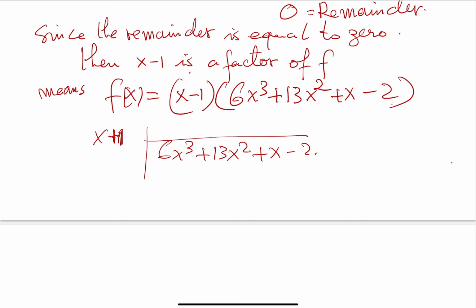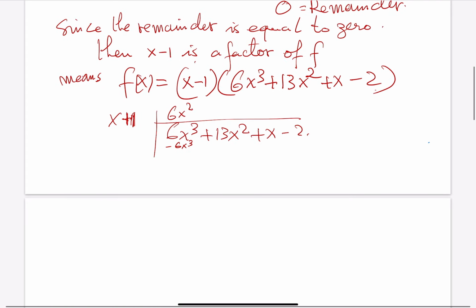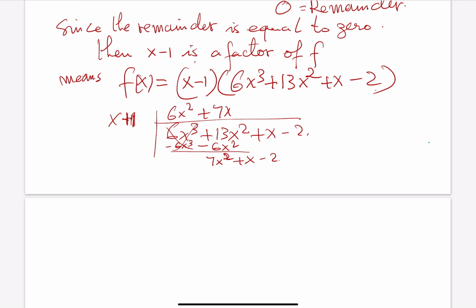now since you understand, let me go fast. I will have 6x squared, and then negative 6x to the third, and then 6x squared times 1 is 6x squared. Take the opposite sign, which is negative 6x squared. Add them up. This one will cancel out, and then this one is 7x squared plus x minus 2, and this one will be plus 7x squared minus 7x squared, and then 7x minus 7x, and then add them up.